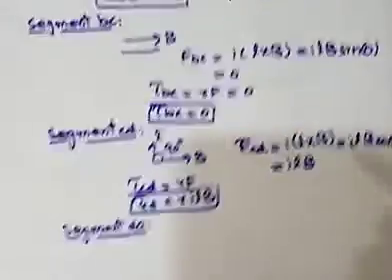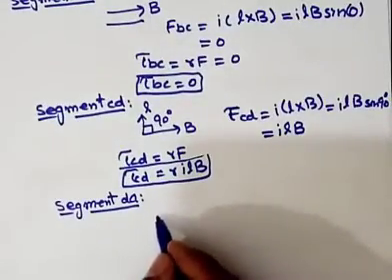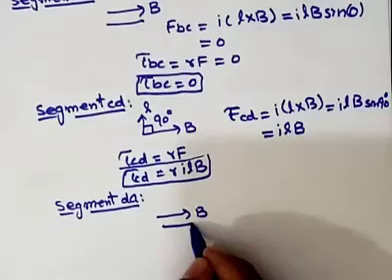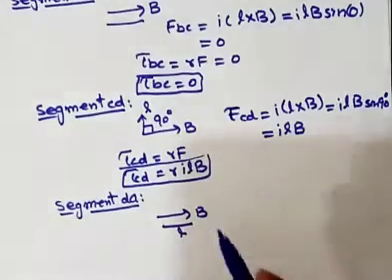Therefore, this is the magnetic field and this is the length of the conductor.